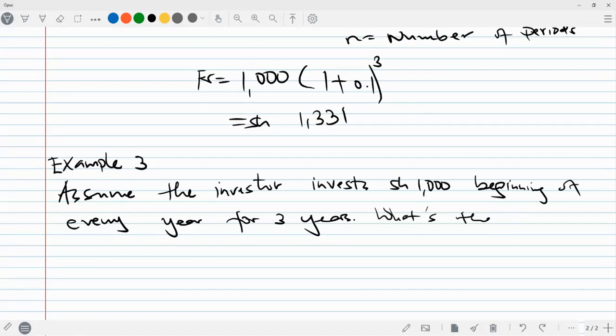Okay, what is the future value at the end of year 3?